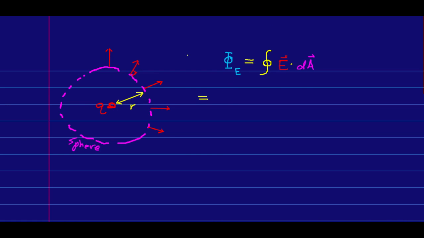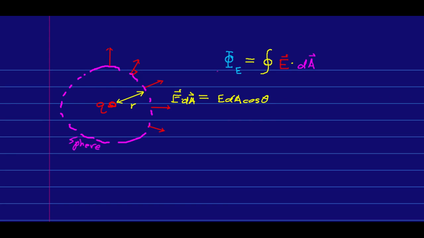Well, we know that that flux is going to be the integral of E dot dA over the whole sphere. But note that E dot dA is E dA cos theta, remember that theta is defined as the angle between the E field vector and the dA vector, and the dA vector points perpendicular to the surface and outward.